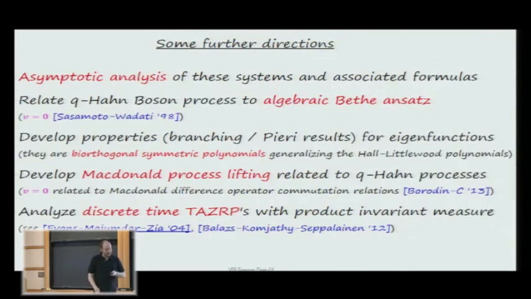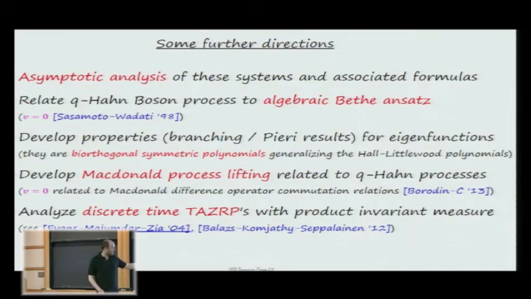I didn't talk at all about algebraic Bethe ansatz. This kind of took over from coordinate Bethe ansatz. In the case when nu is equal to 0, this Q-Boson process, Sasamoto and Wadati's work actually came out of this machinery. And so one should be able to develop the idea of commuting transfer matrices and generalized XXZ, higher spin XXZ. It put this all into the general framework.